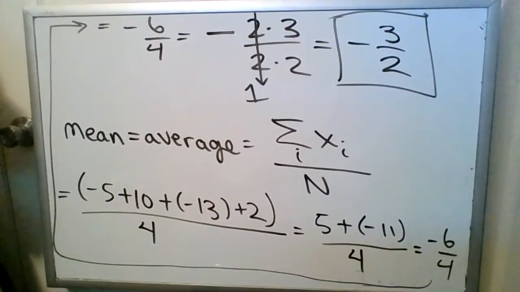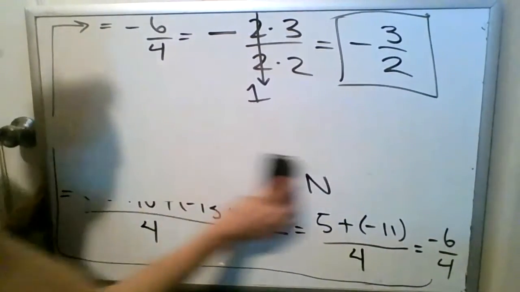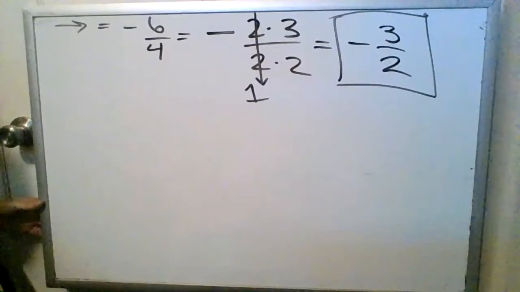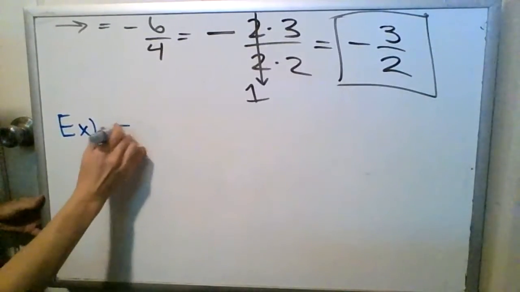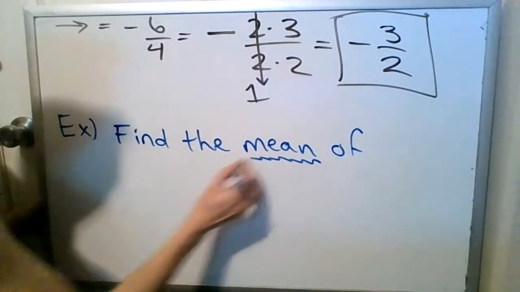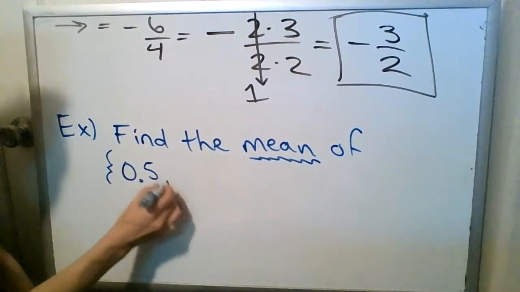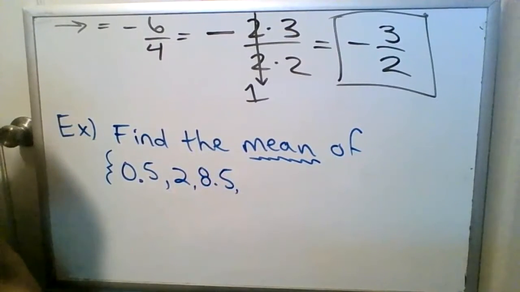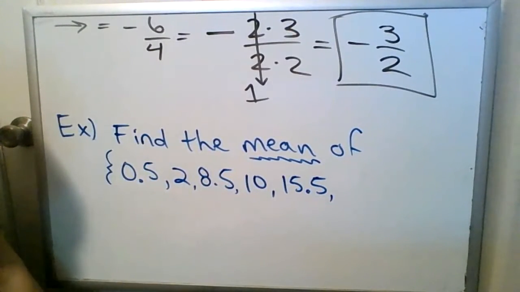One more. Find the mean. Our set's going to contain 0.5, 2, 8.5, 10, 15.5, and 26.5.